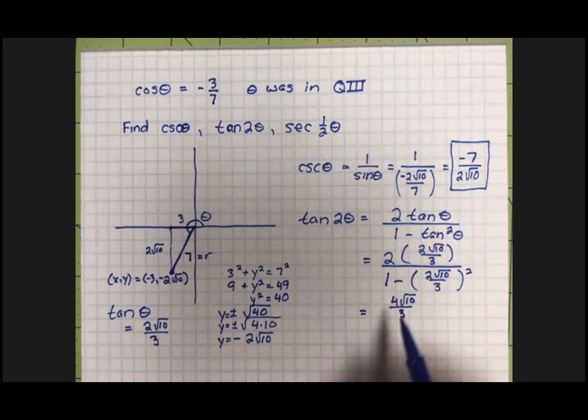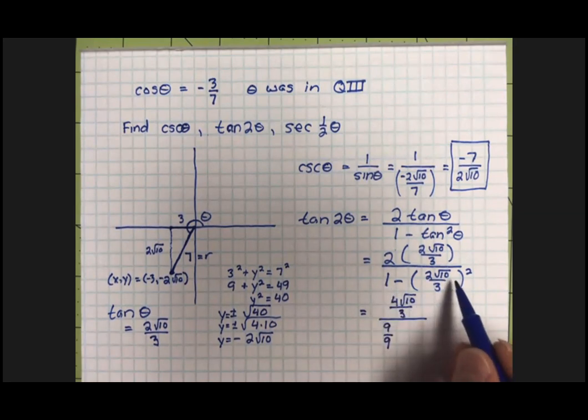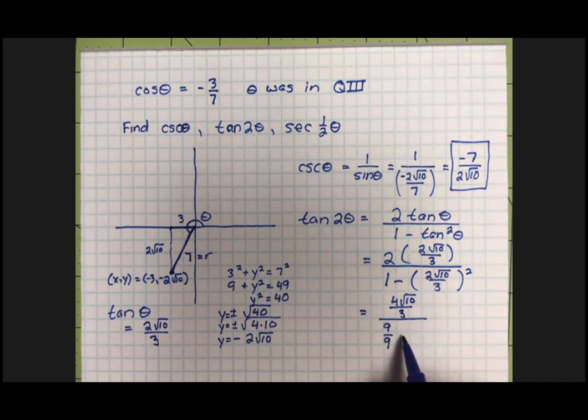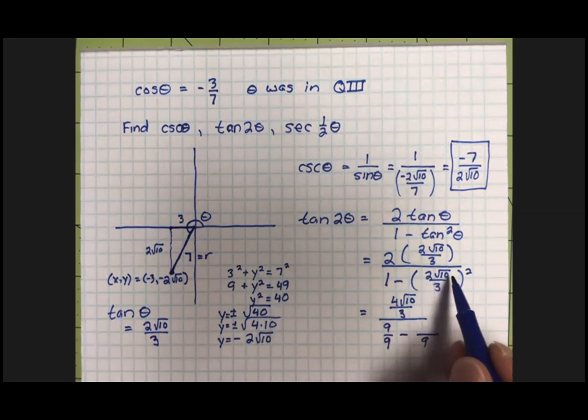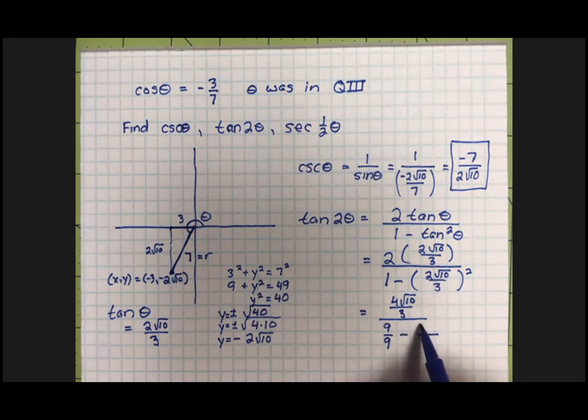On the bottom, I have 9 over 9, that's 1, minus 2 root 10 squared over 9. And 2 root 10 squared is 40. Square the 2, square the root 10. 4 times 10.